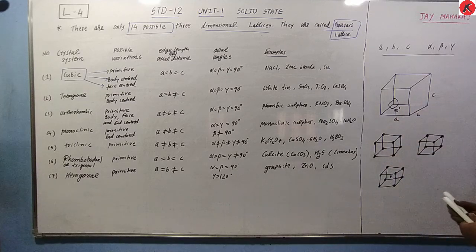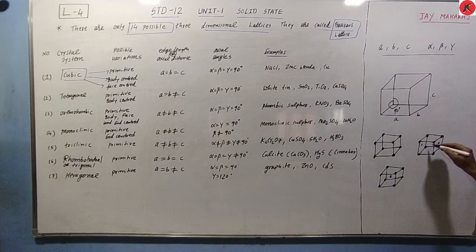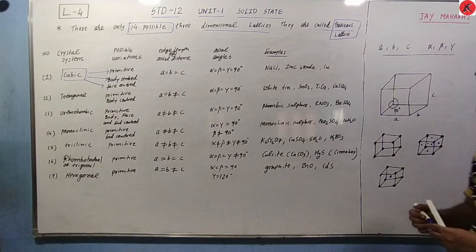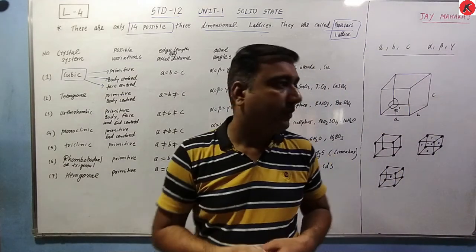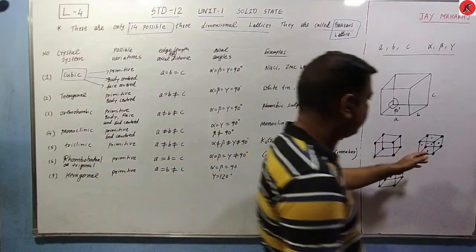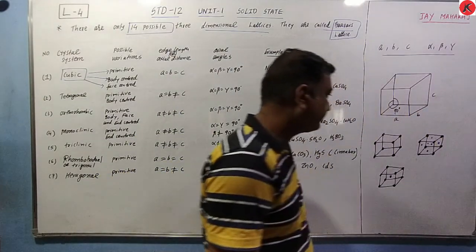That means the left face, right face, top, bottom, front side and back side; extra 6 particles are required.